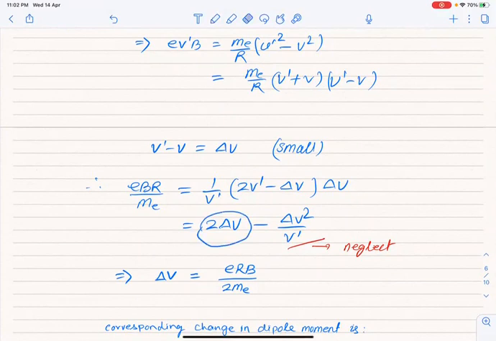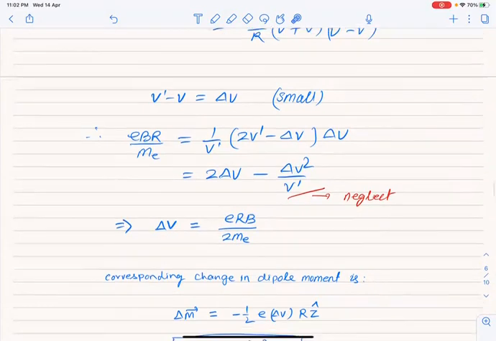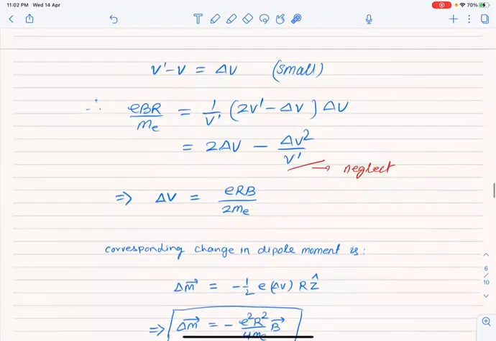Okay. And then if you rearrange, you have delta V will come out as E R B by 2 m_e. Please check again, check all the algebra here. It's simple.